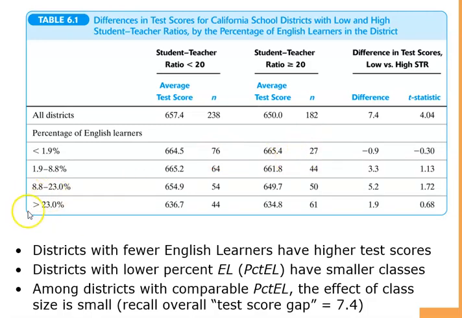But when the percentage of English learners is higher, then you can see that the number of schools with low student-teacher ratios is less than the number of schools with higher student-teacher ratio. So it would mean that the percentage of English learners is also correlated with the student-teacher ratios.